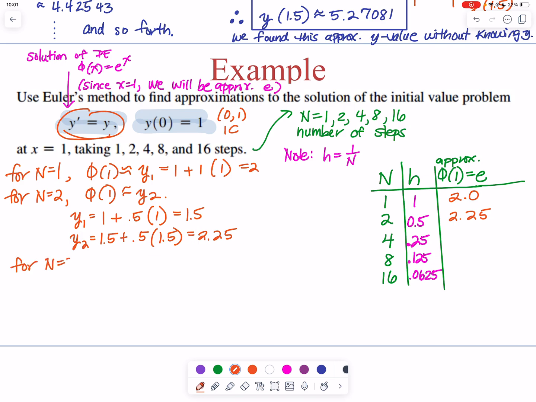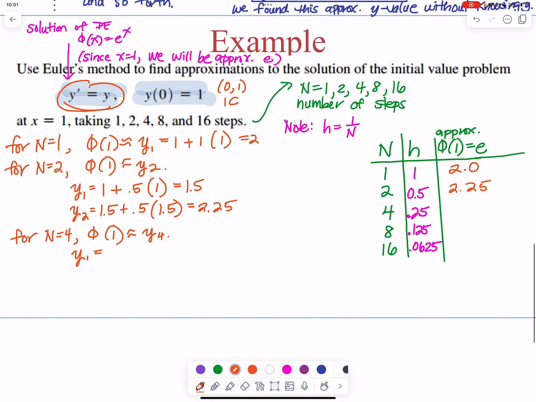For n equal to 4, keep in mind that the solution evaluated at 1 is going to be approximately equal to y sub 4. So we're going to need y1, 2, 3, and 4.